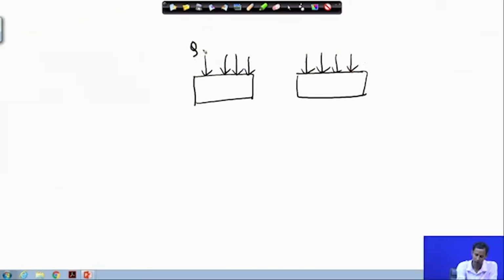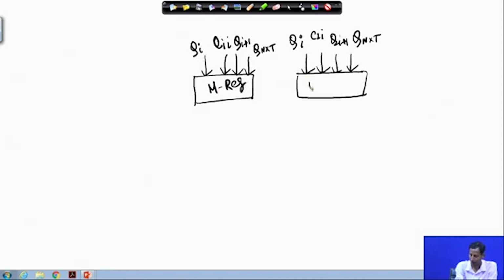So, if this is Q i, this is C1 i, this is Q i plus 1, and this is Q next. This is also Q i, this is C2 i, this is Q i plus 1, this is Q next, and this is for the M value and this is for the N value.